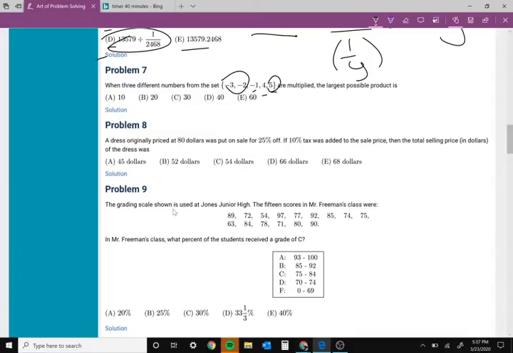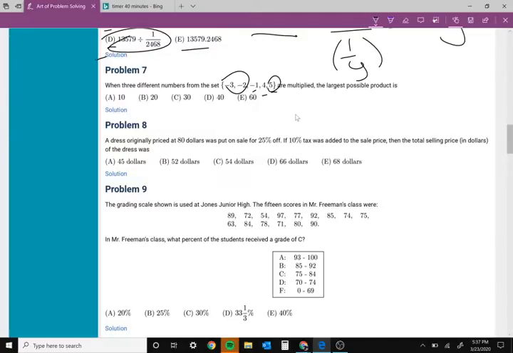Because 2 negatives make a positive, but if you have 5, 4, and any of the other ones, then you're going to get a negative number. But 2 negatives and a positive will get us a positive number. Therefore, you want the negatives that are farthest away from 0, and you want the largest positive.